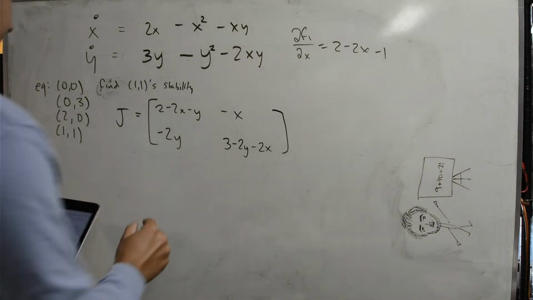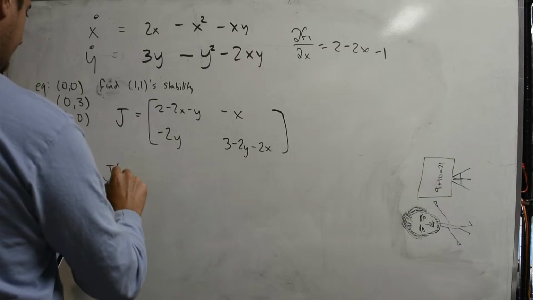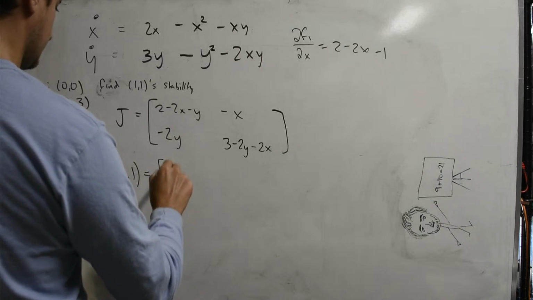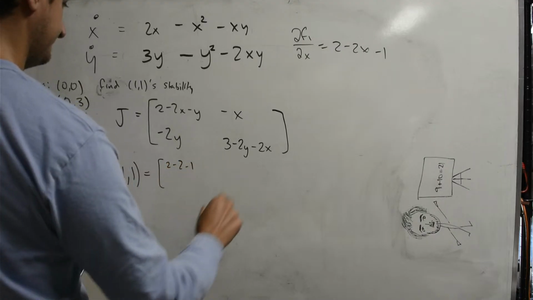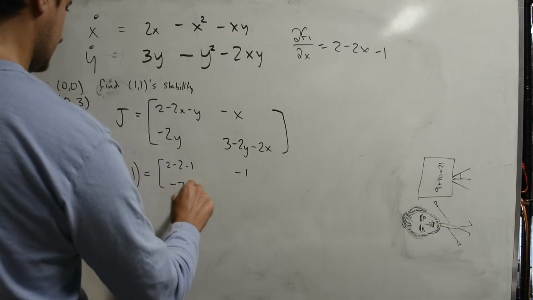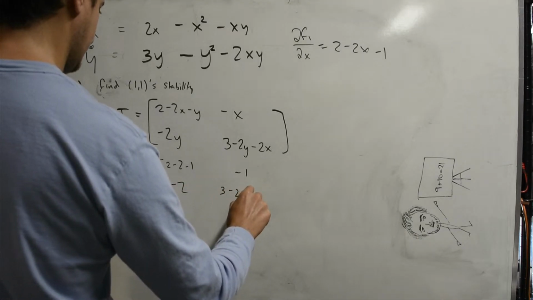So now we want to evaluate the Jacobian at 1, 1, right? So J of 1, 1 should be 2, minus 2, minus 1. This is going to be minus 1. It's going to be minus 2. It's going to be 3 minus 2, minus... wait, is that right?